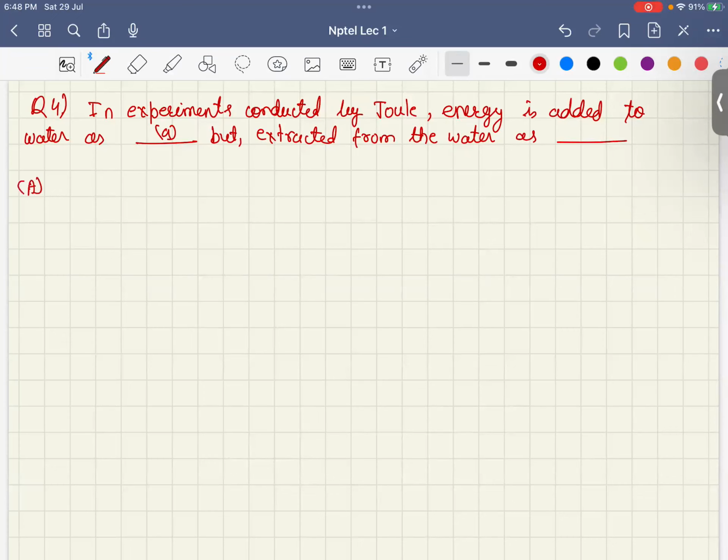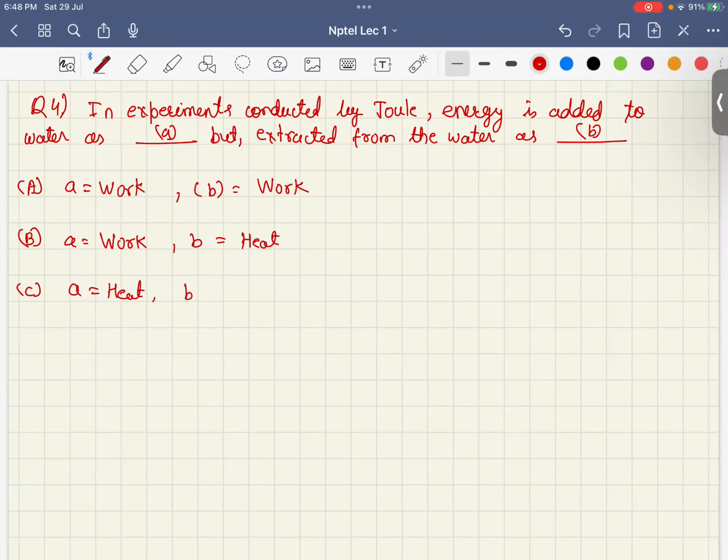The options are: A is work and B is also work; or A is work and B is heat; or A is heat and B is work; or D, both A and B are heat.